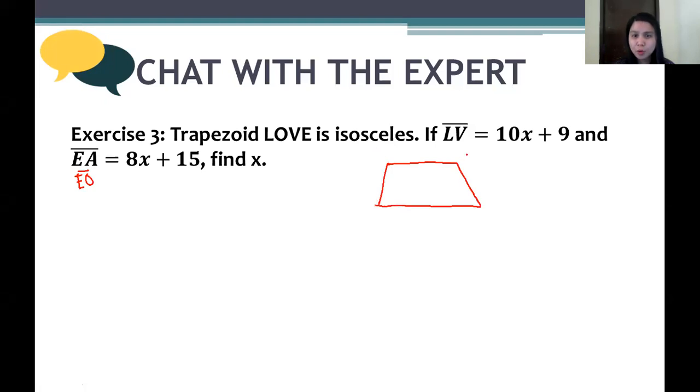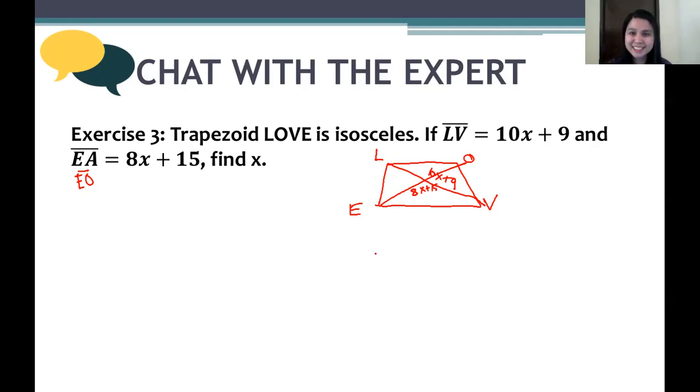The naming of the trapezoid should be in order, okay? L-O-V-E. LV measures 10x plus 9, while EO, please check your module, is equal to 8x plus 15. Find the value of x.